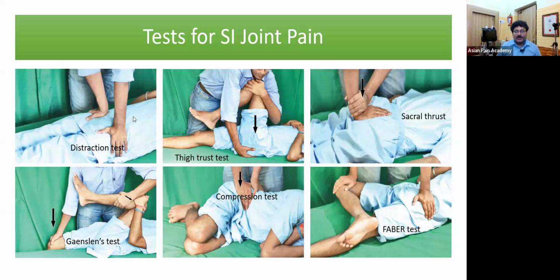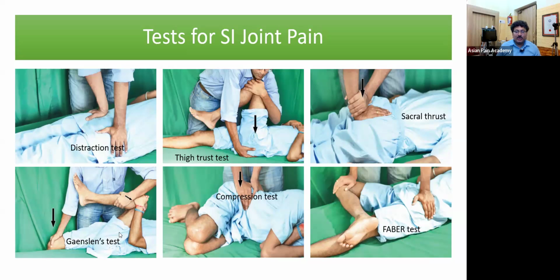Distraction test: patient supine, pressure over both anterior superior iliac spines. Thigh thrust test: you are pushing the leg down to put pressure over the sacroiliac joint. Sacral thrust test: you are putting pressure over the sacrum to find out whether there is any specific pain in the sacrum or not.